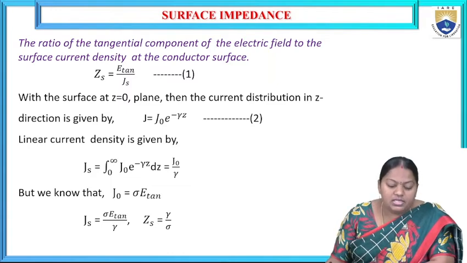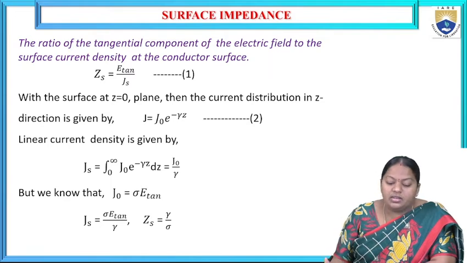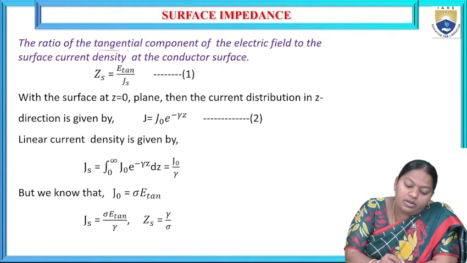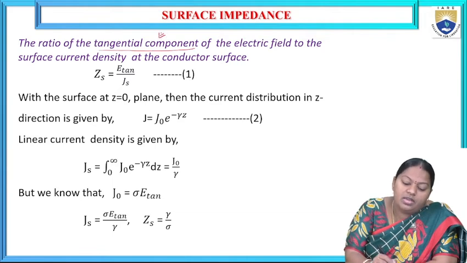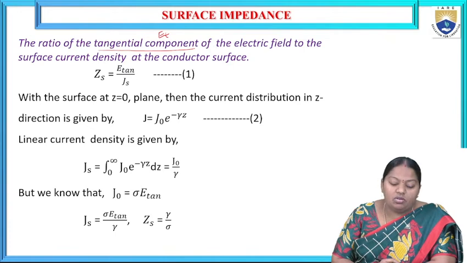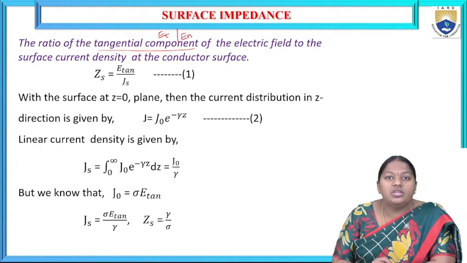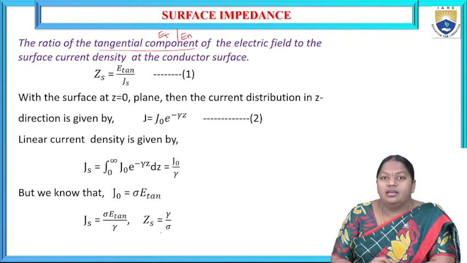Okay. So firstly, the definition of a surface impedance. The ratio of tangential component of electric field. Electric field intensity is generally denoted with E, and the tangential component we represent with ET. Similarly, the normal component has the notation EN, right?